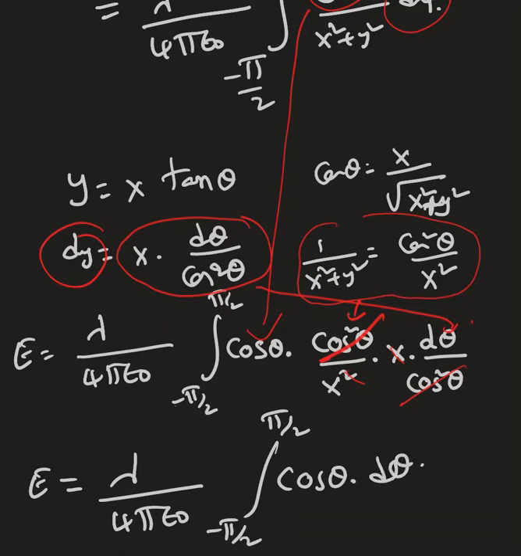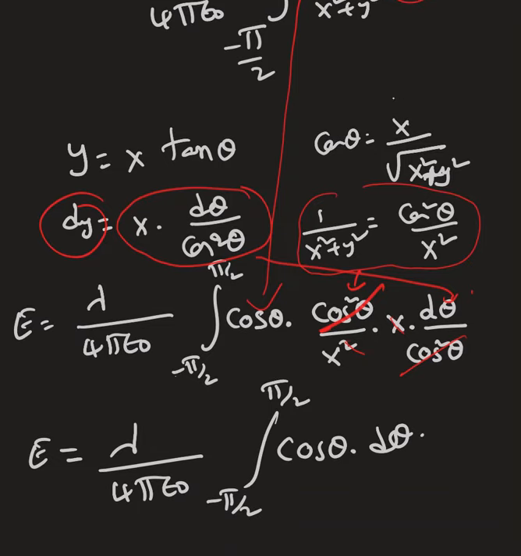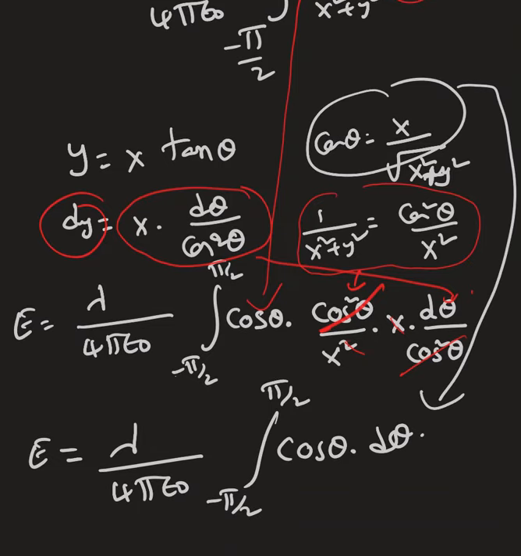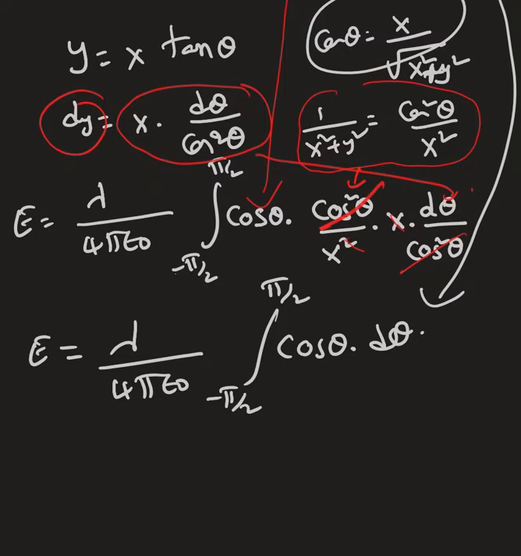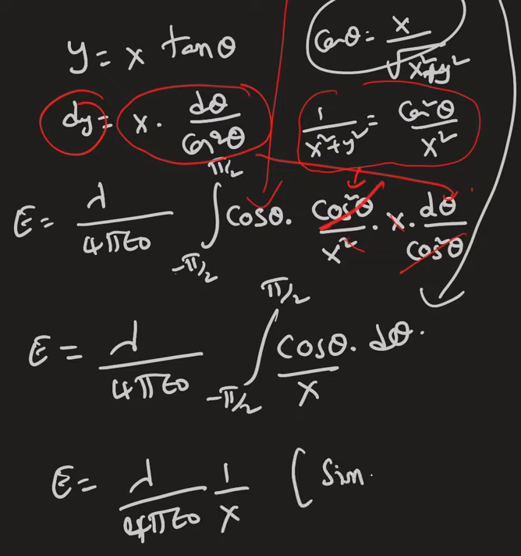Now I could substitute cos theta equal to x over square root of x square plus y square, but instead of substituting that I'm going to integrate this. I forgot the x, so I'm going to pull that x out. If I integrate it, it's going to be sine theta from minus pi by 2 to pi by 2.